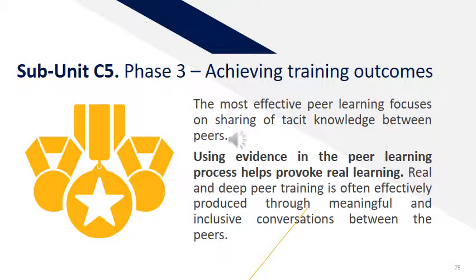The most effective peer learning focuses on sharing of tacit knowledge between peers, which includes knowledge about how to do reforms, managing politics, and more. This is only one kind of learning goal. However, others include formal knowledge sharing, peer-to-peer support and collaboration, specific training support, and more.